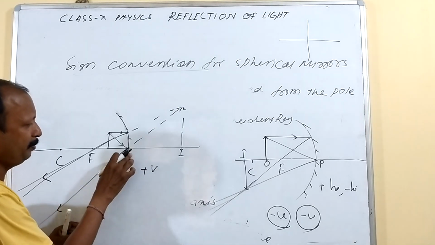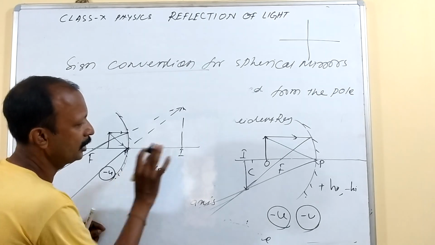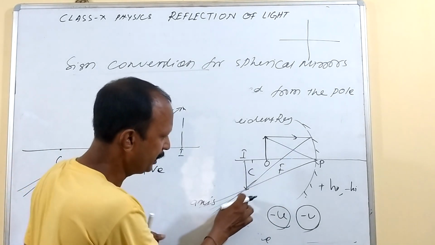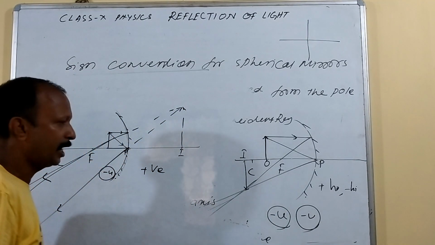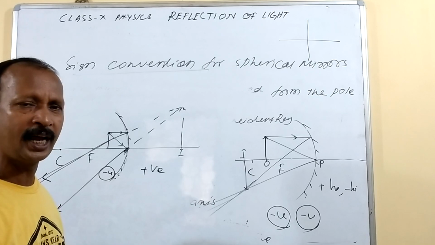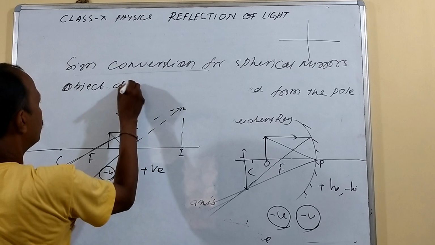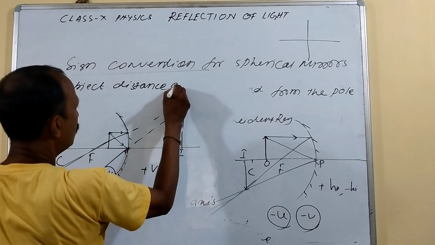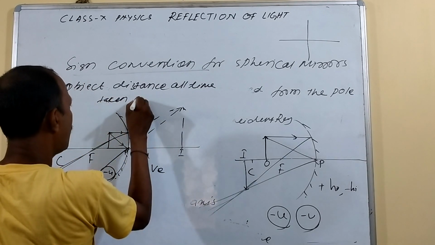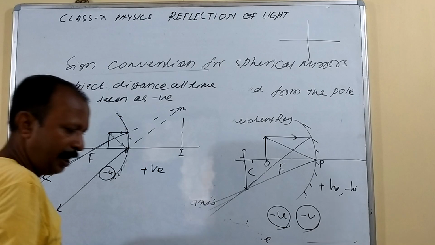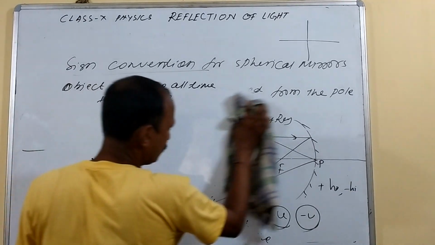So whenever the image is formed behind the mirror, all the time it will be positive. And when the image is formed in front of the mirror, it becomes negative. So one common thing is that object distance is all the time taken as negative. Any mirror, whether it is the concave mirror or convex mirror, does not matter.